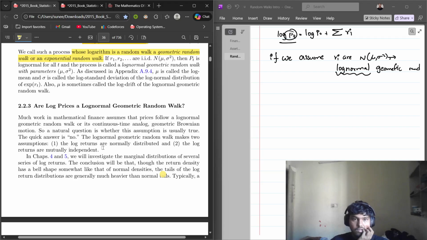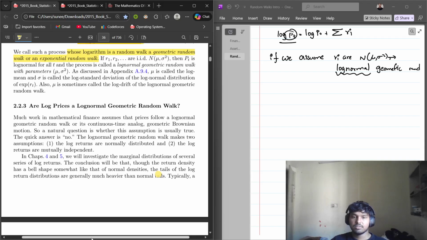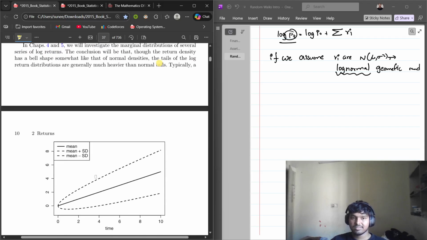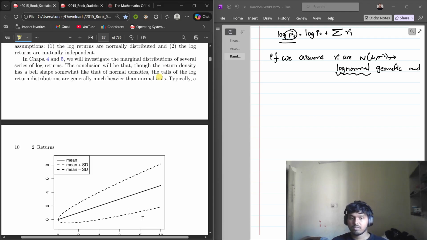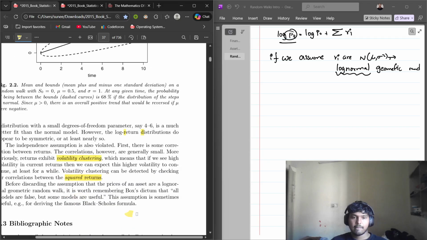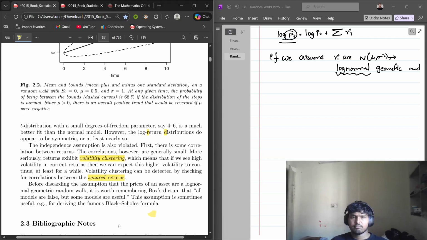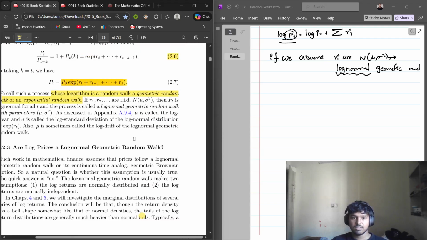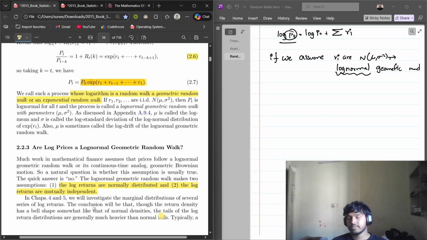It's more like a T distribution. That's what the book says as of now. A T distribution is where you have some degrees of freedom, with heavy tails. And the second assumption is that these are independent.